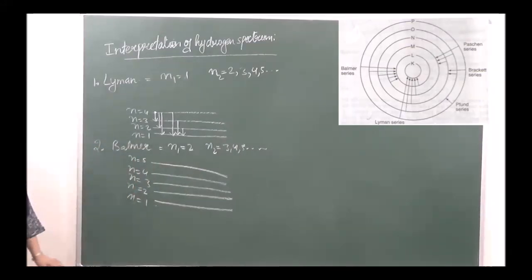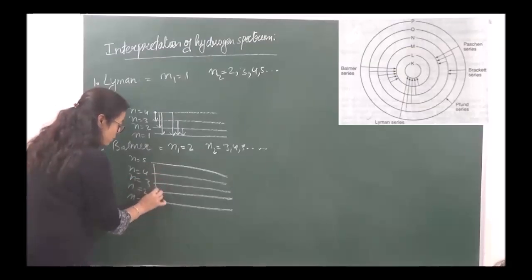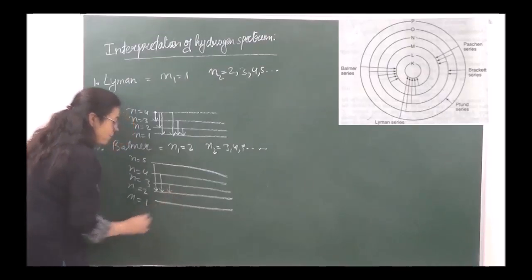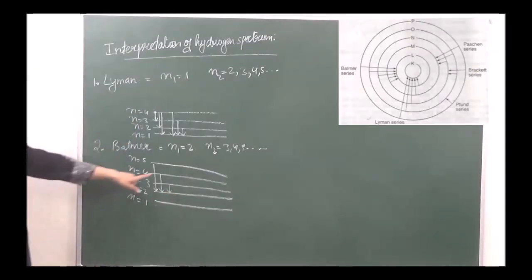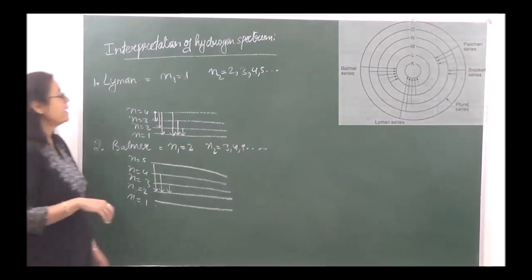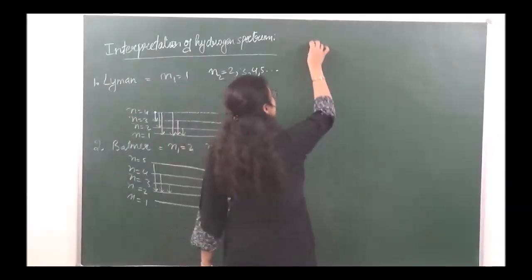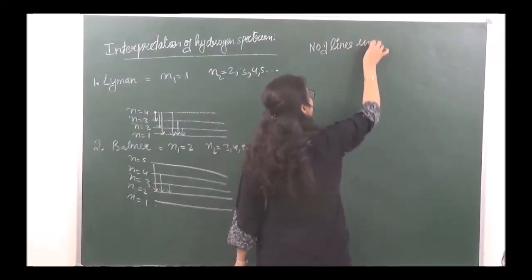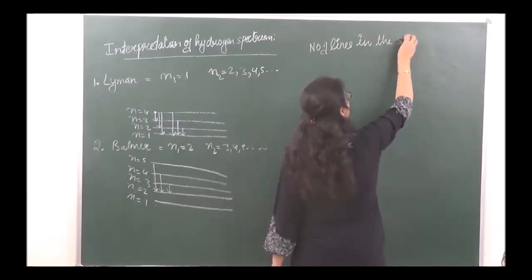Now in case of the Balmer series, the transition has to take place to the second level, because n1 is equal to 2 over here. So the transition can take place from fifth to second, from fourth to second, and from third to second. Again we see various number of lines. So this helped to calculate the number of lines in the spectrum.